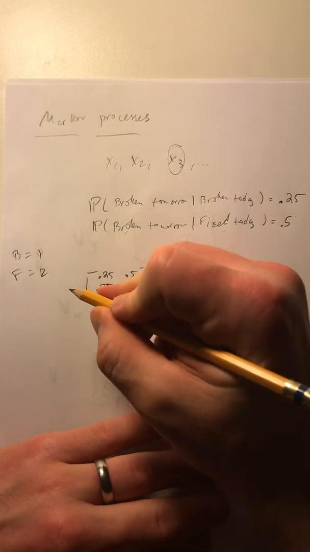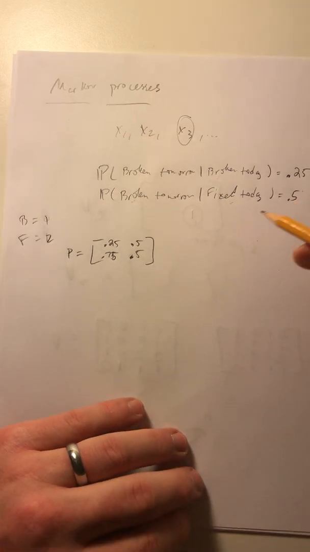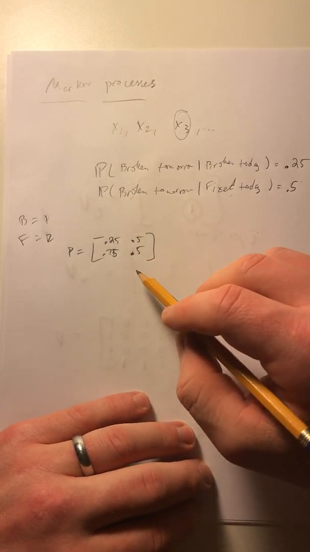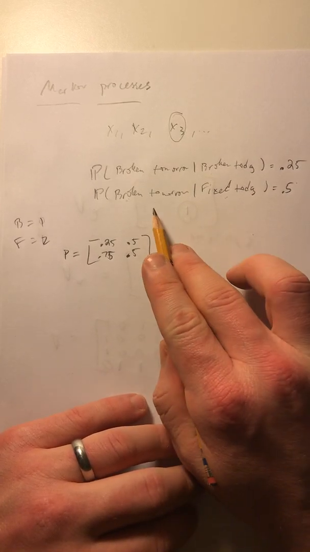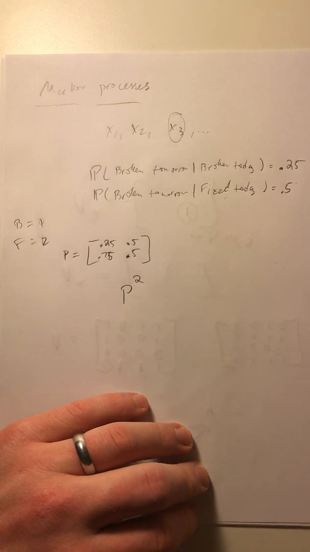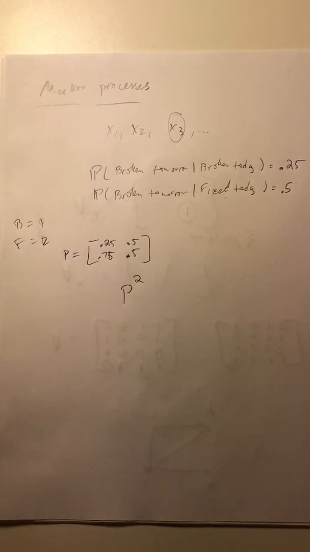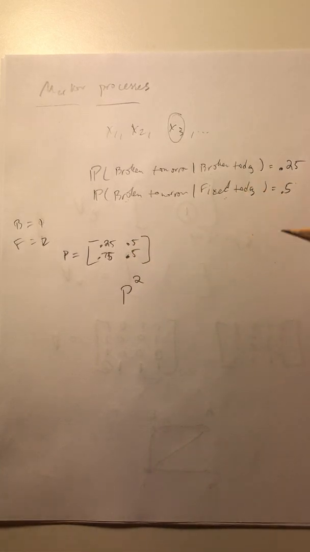Right? So this is my transition matrix. I'm going to call it P. Okay. So this tells me transition probabilities for a single day. Right? So today and tomorrow. Right? Now if I do P squared, and I look in the row 1, column 1 entry of P squared, that's going to tell me the probability that it's broken 2 days from now, given that it's broken today.